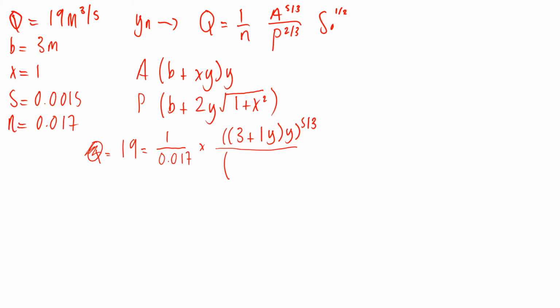And then wetted perimeter is 3 plus 2y, again y is unknown, times square root of 1 plus 1 squared, all to the power 2/3. And then times 0.0015, which is the slope, to the power of half. So now the aim is that you use a trial and error method to calculate what yn is.